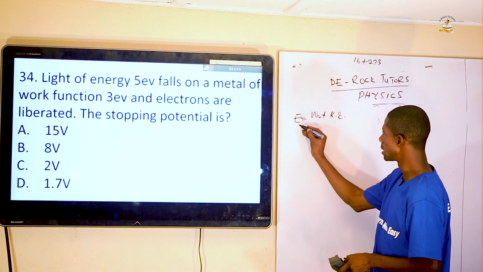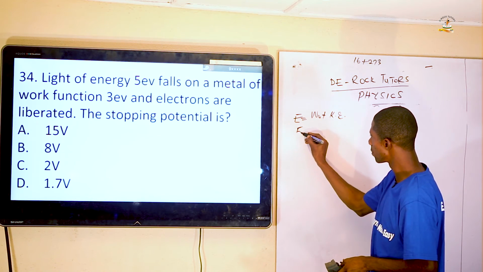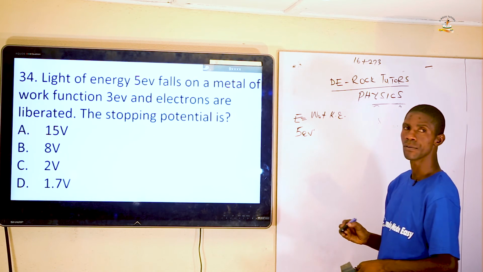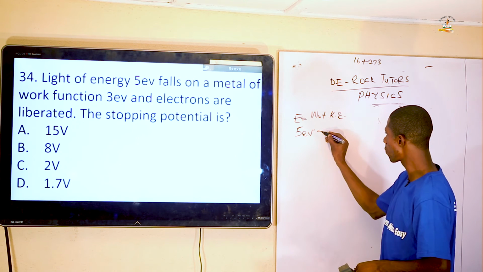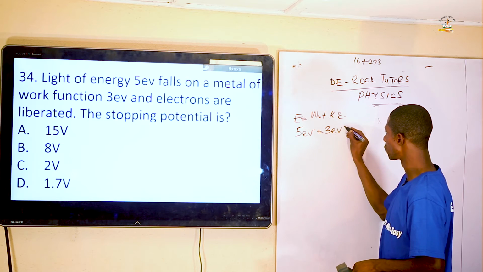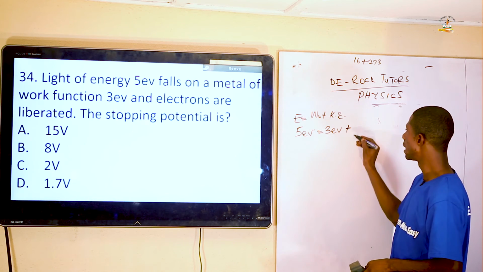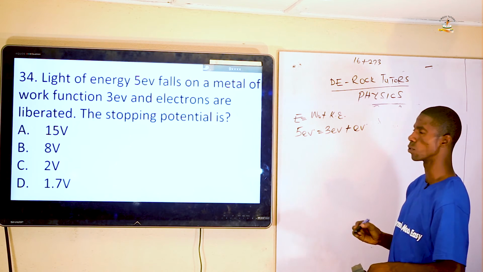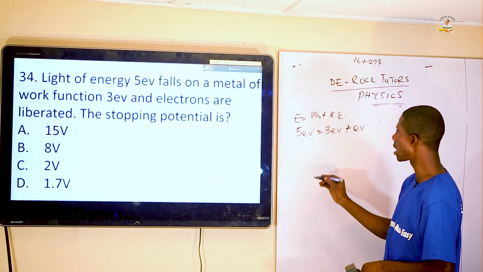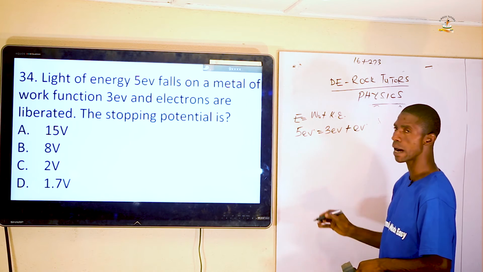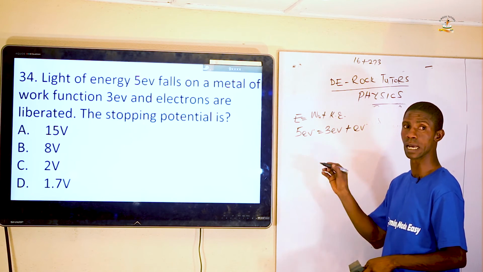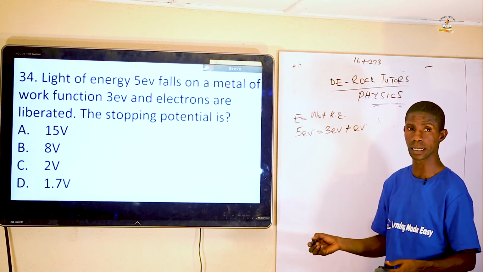For this, the energy given is 5 electron volts. The work function is 3 electron volts. Then the kinetic energy can be in electron volts. If we take that 3 electron volts to the left hand side, we are collecting the like terms.